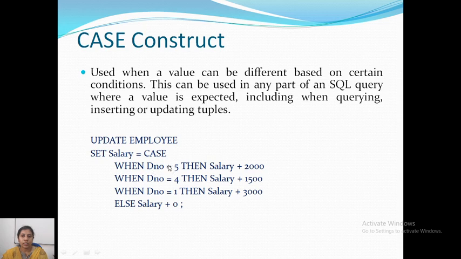If this condition is true, then you need to change the salary, so salary will be updated by salary plus 2000. Then when department number is 4, increment by 1500. In this way you can use the case construct. These are the two additional topics in this.